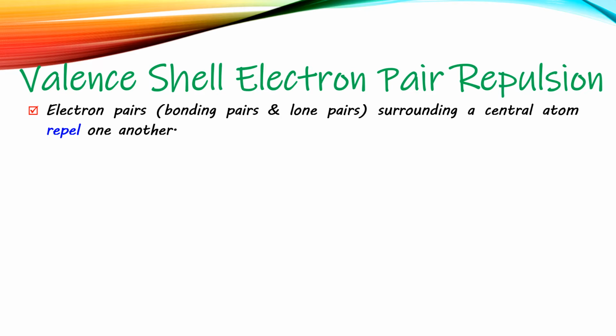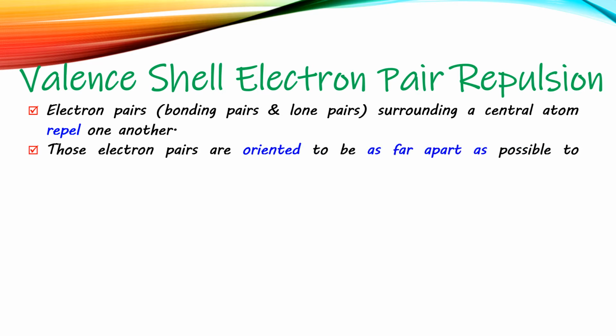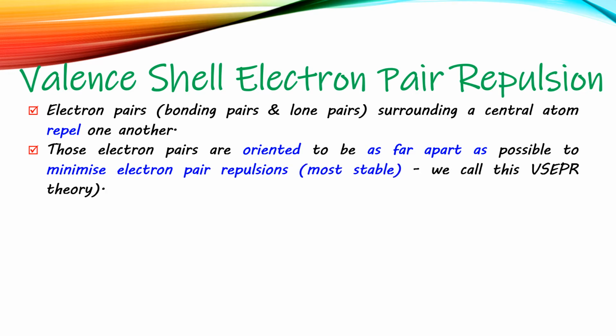We know that an electron is a negatively charged particle, and the same charges repel while different charges attract one another. So those electron pairs are oriented to be as far apart as possible to minimize electron pair repulsion. This means the electrons are most stable when they are as far apart as possible. This is what we call VSEPR theory.